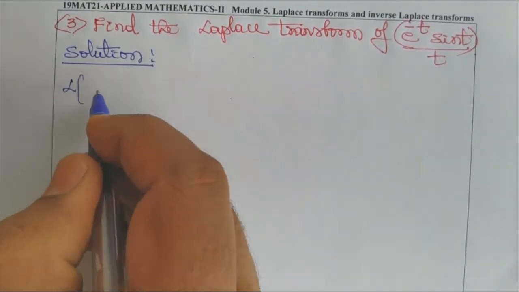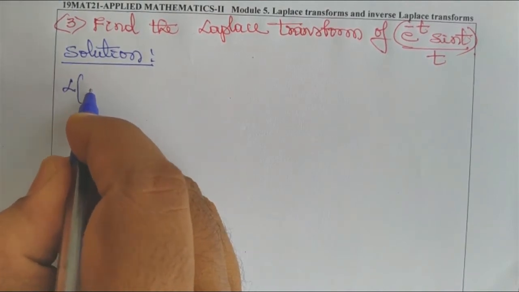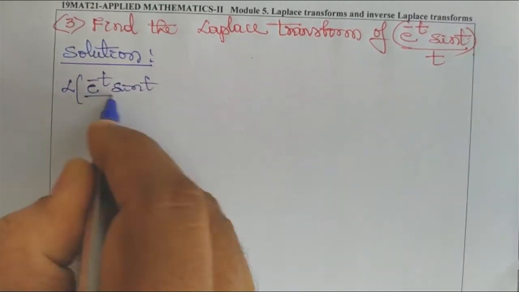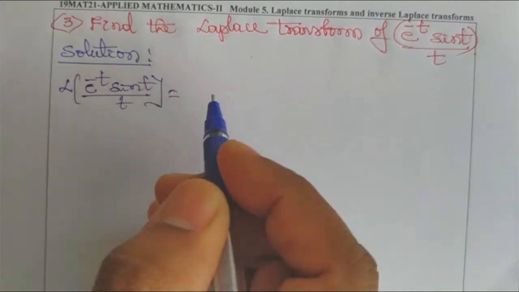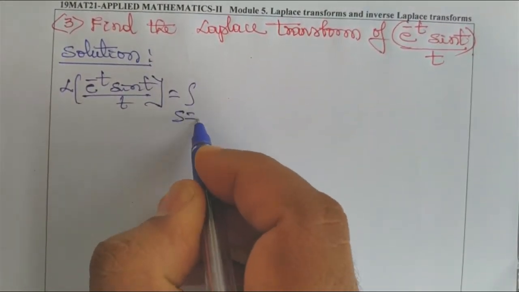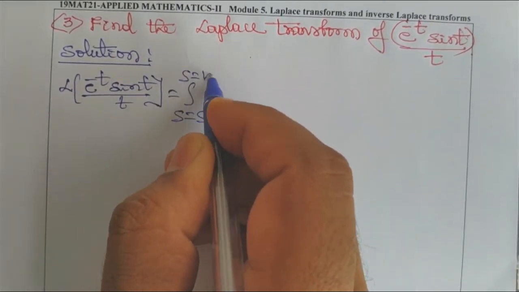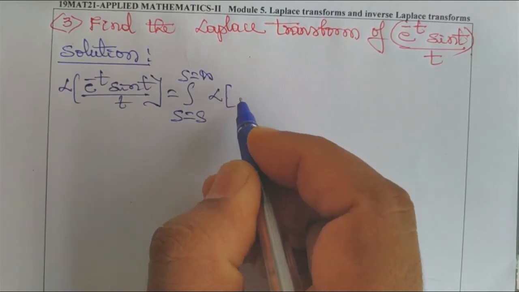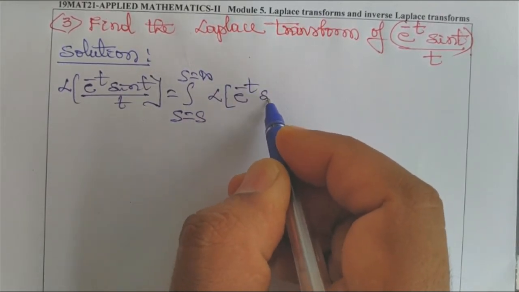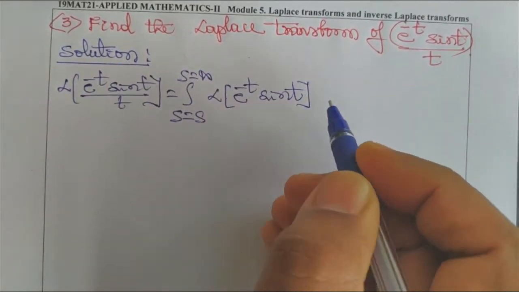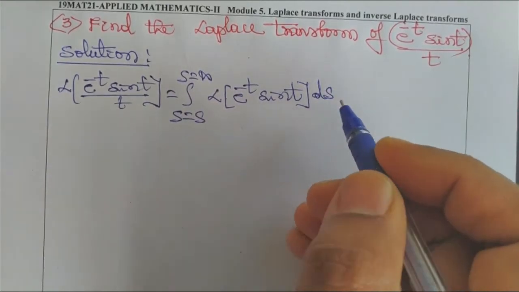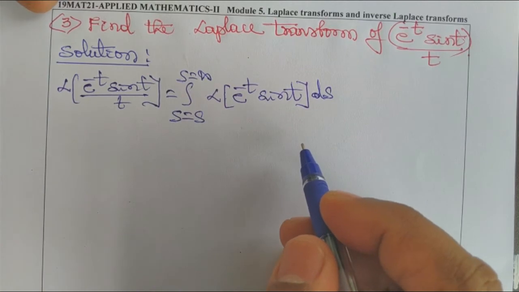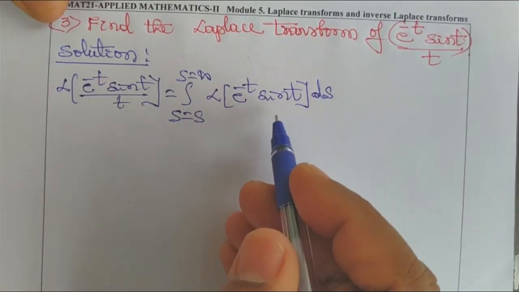So Laplace of e to the power of minus t into sin t divided by t is equal to the integral from s to infinity of Laplace of e to the power of minus t into sin t. Here you should observe that f of t is e to the power of minus t into sin t, so I have written it here.